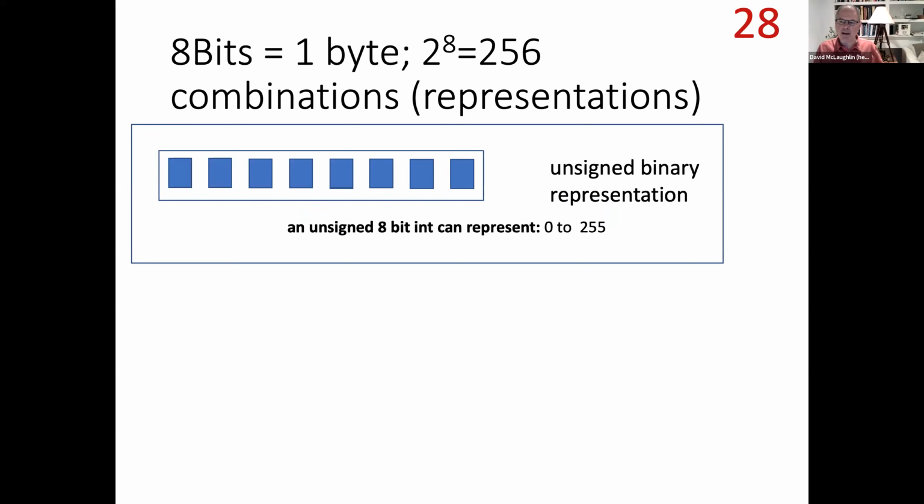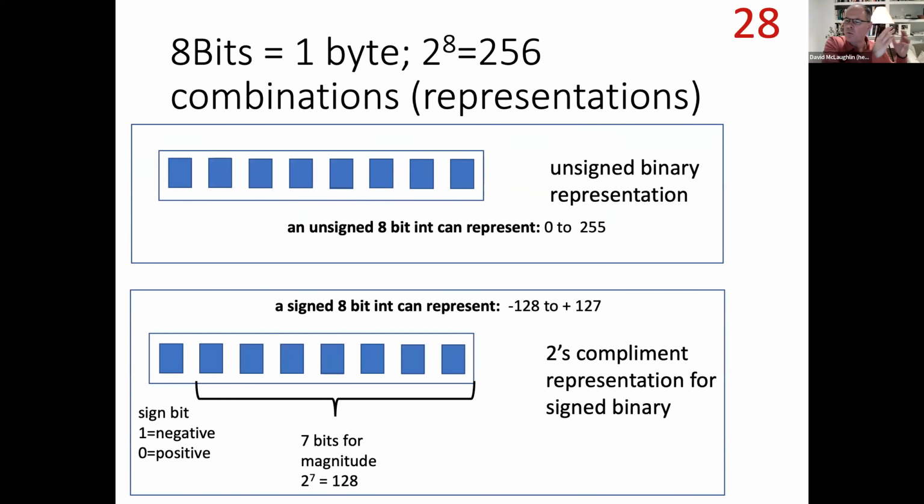How do we allocate those values? Well, if we agree that this is a positive number, if we say we're going to represent with 1 byte a positive number, then it can be anywhere between 0 and 255. You can't go above that, and we've agreed it's only a positive number. That's called unsigned binary representation. Well, what about negative numbers? We can say, let's keep the uppermost bit for the sign bit.